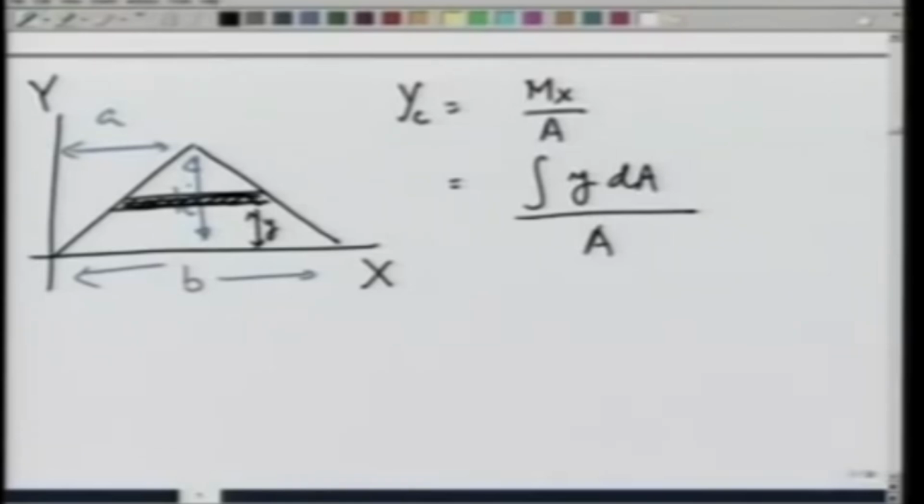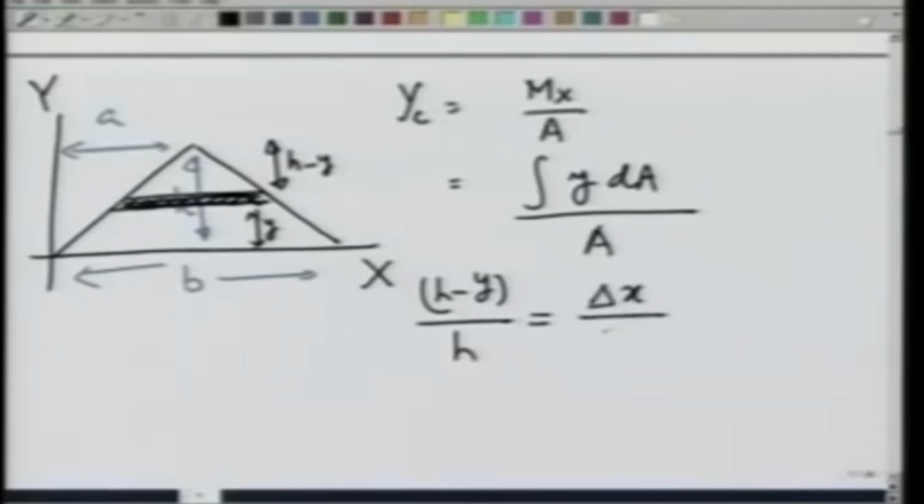You can see from similarity of triangles that I am going to have h minus y divided by h is equal to the width of this strip, which let me call delta x, divided by b, and therefore delta x is equal to b times h minus y divided by h.